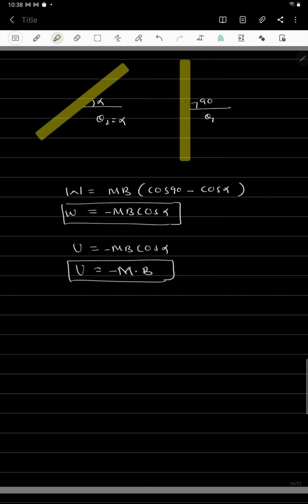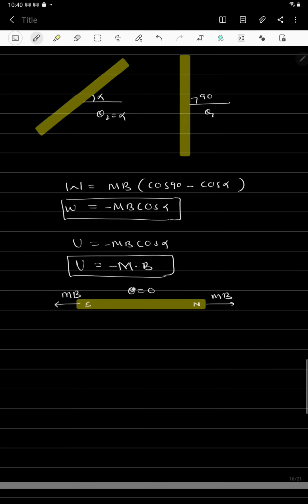And if the magnet is situated like this, it means this is the south pole and this is the north pole, aligned in the direction of the magnetic field, with mB in this direction. The angle theta equals 0, therefore alpha equals 0.